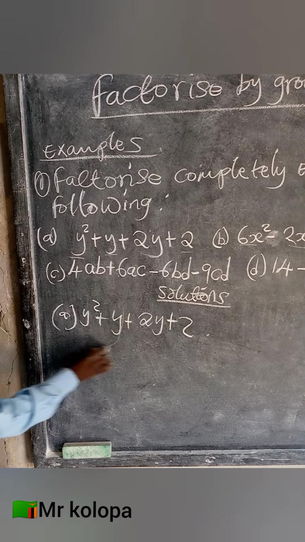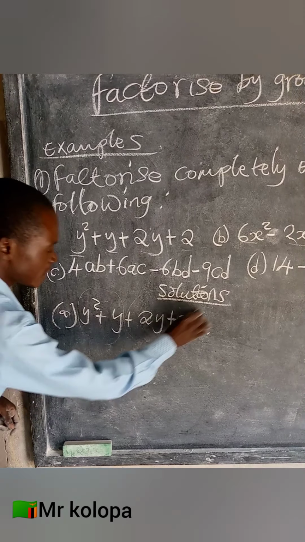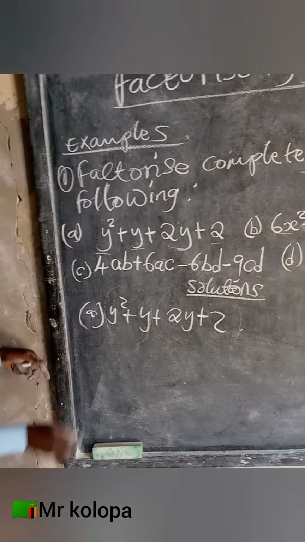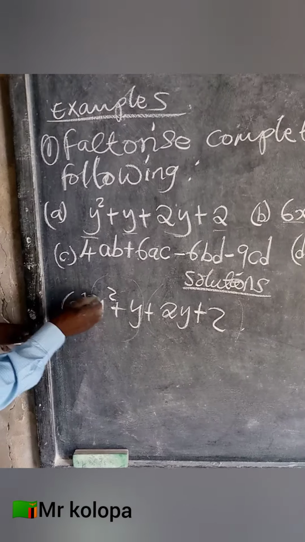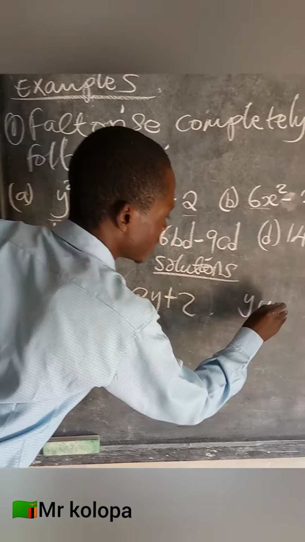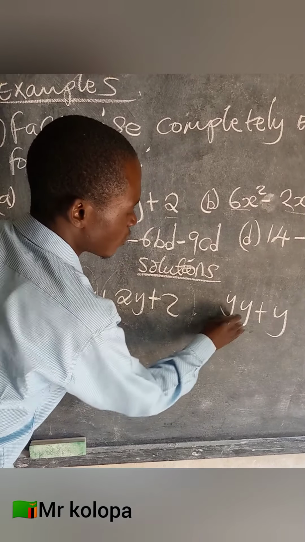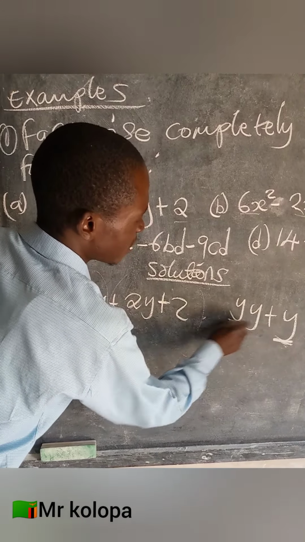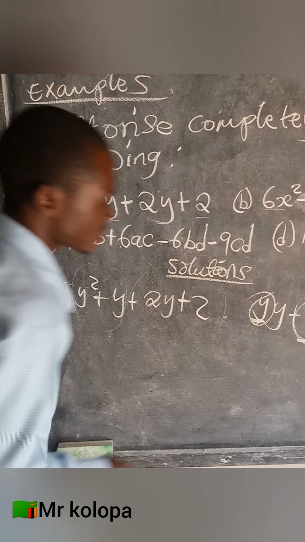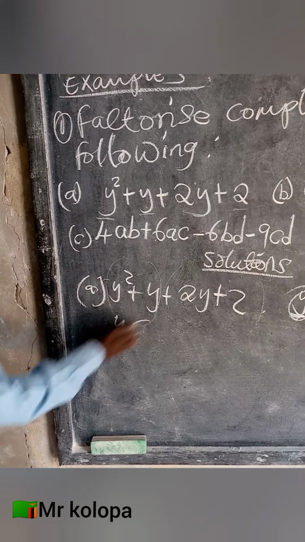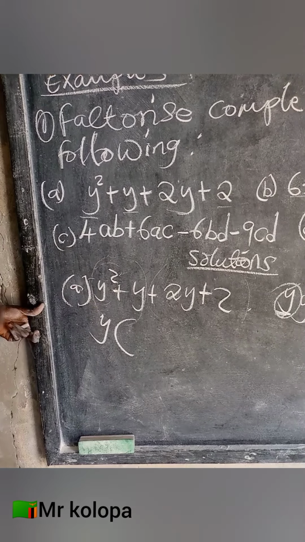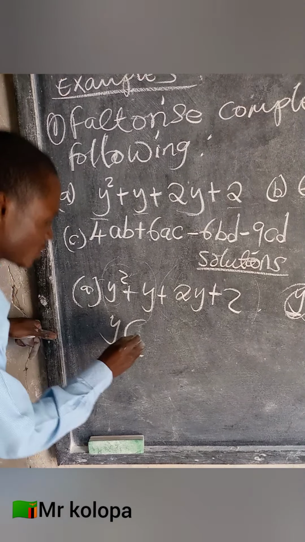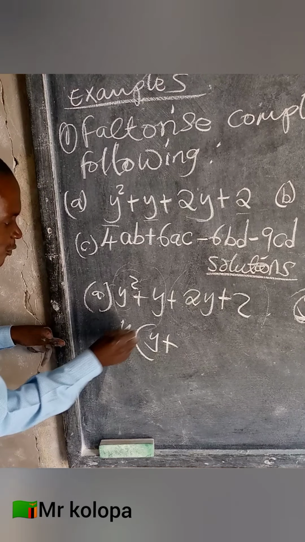So if you look at the first 2 and also the last 2, let's try to factorize. What is common? Here you have 2 y's. You can see that we have a common y, this y and this y is common. So you factor it out. Then what are you going to remain with? We are going to remain with y plus y into y.